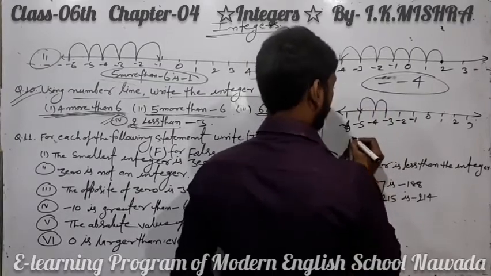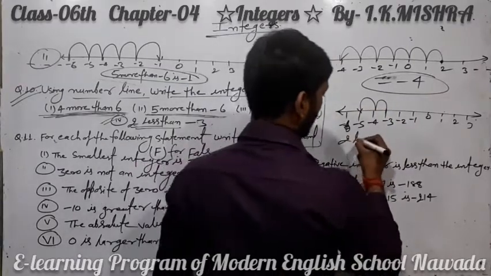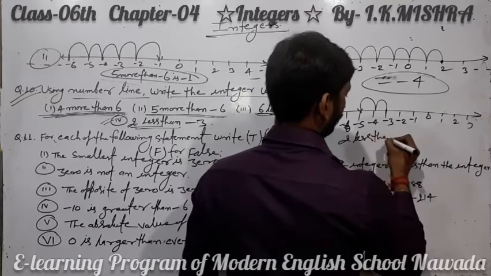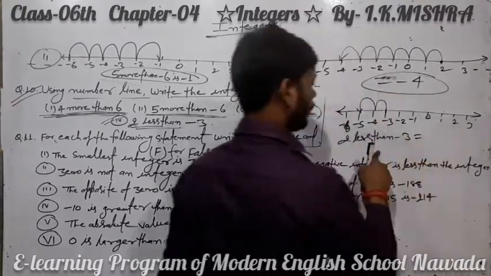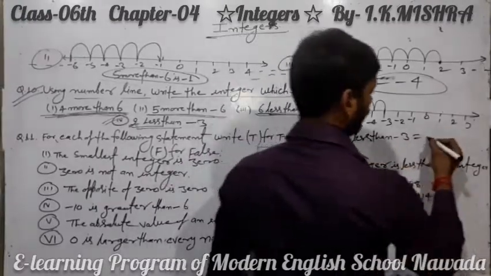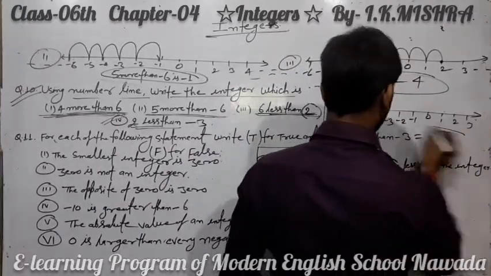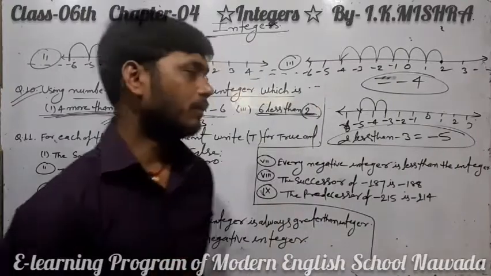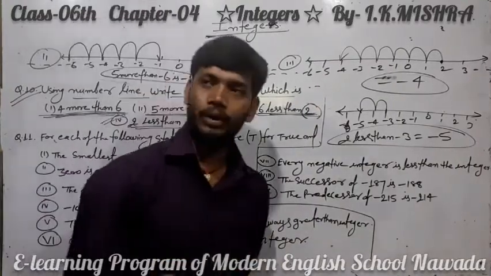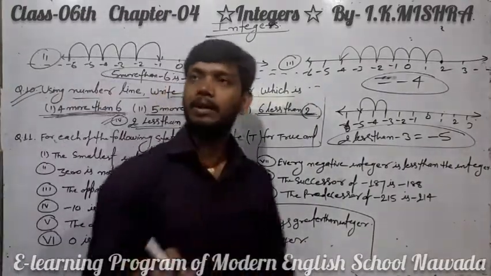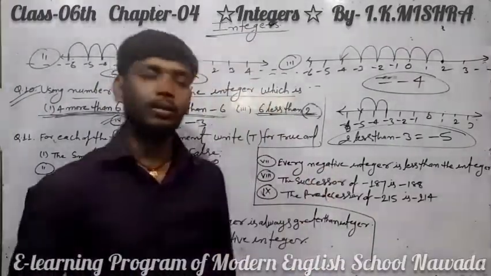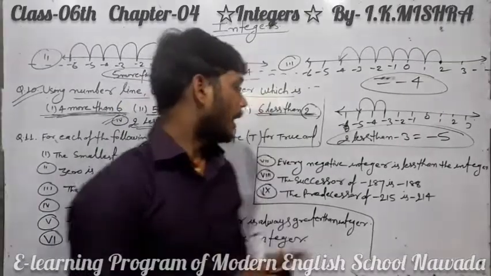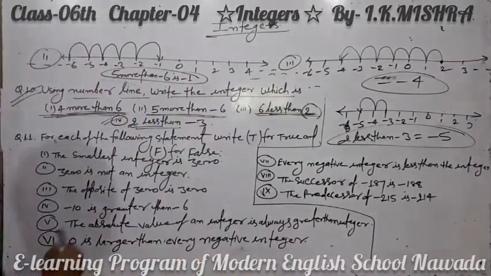That means 2 less than minus 3 is equal to minus 5. Students, observe, when you go right to left, that means subtract, and if you go left to right, add. Now this question is completed.